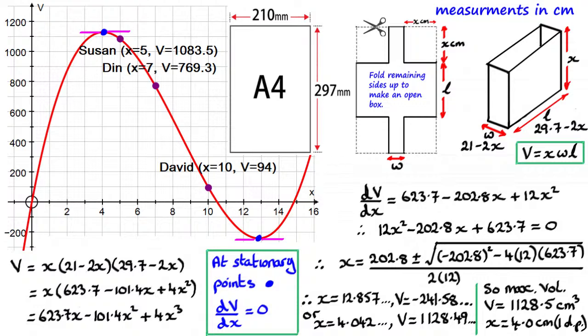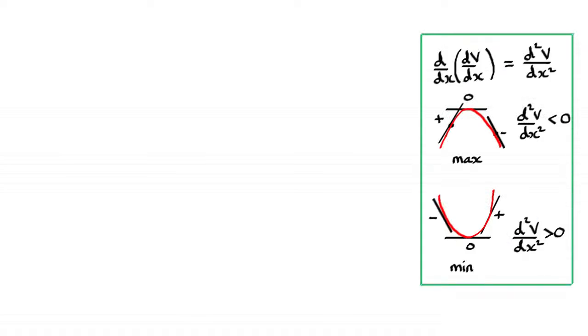Right, okay. Well, the next thing I just want to do is just very quickly show you that if you didn't have that graph around, you're often asked to show that the value of x that you have worked out gives us a maximum or a minimum.